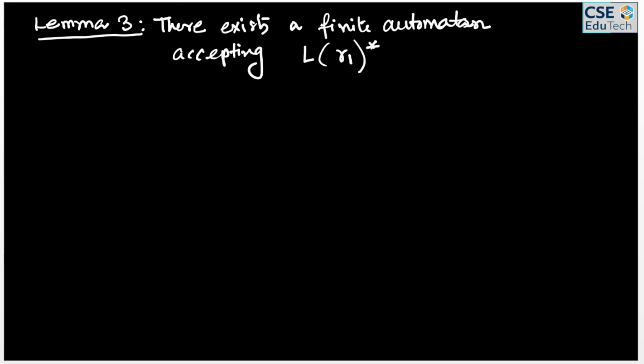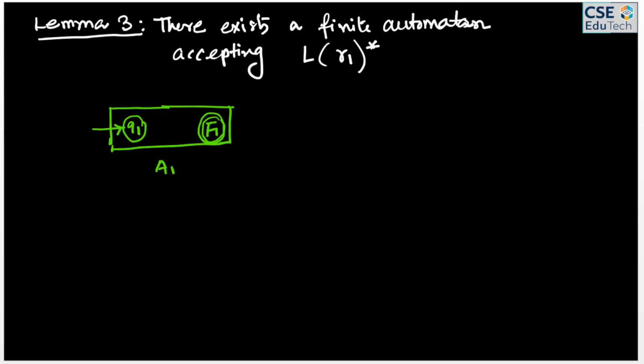Right? So we can draw the diagram like this. Suppose we have an automaton A1, starting from the Q1 state, and we have to reach some final state, that is F1. This is the Q1 starting state.